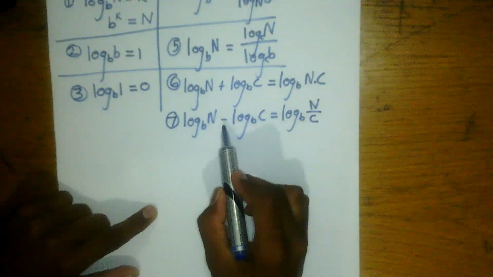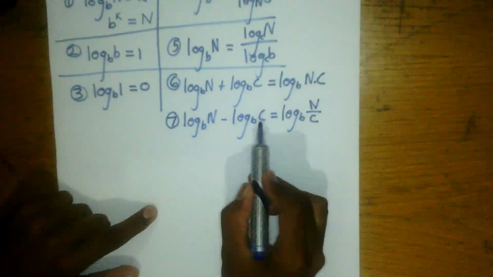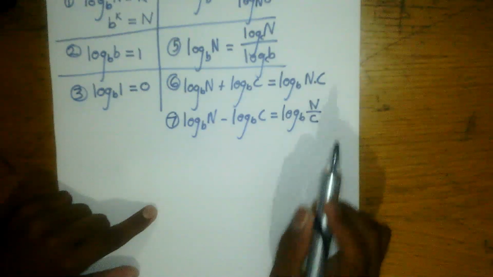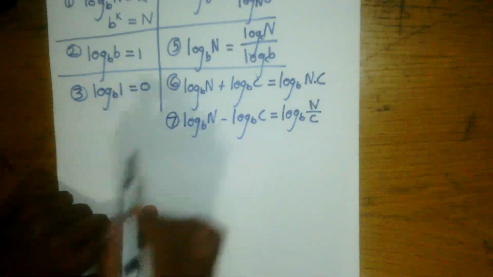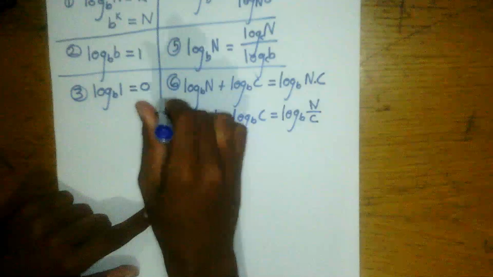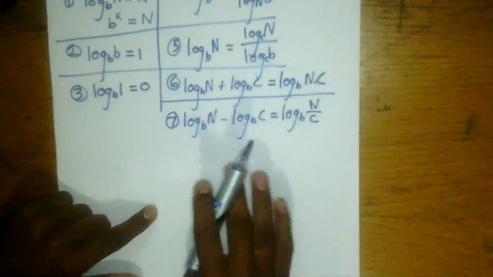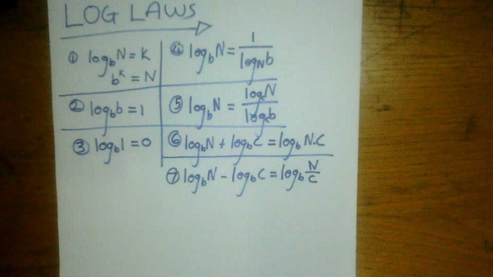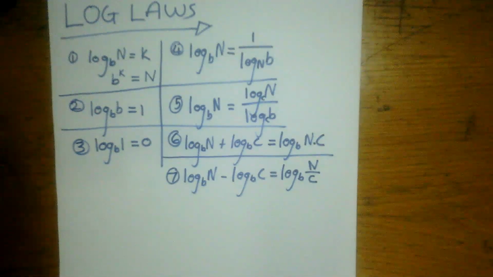The one that's negative, the log has a negative, the number gets put under the division. Always it will be like this. Once you know these rules, you have to be able to do any question that's given to you, because without these you can't do anything.